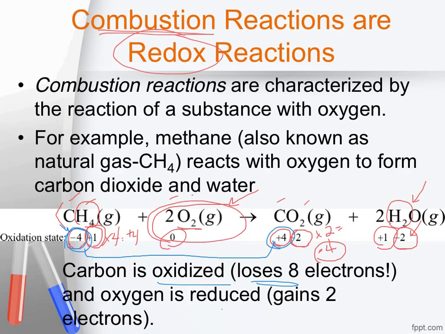So something has to have been reduced. Hydrogen has stayed the same. It's +1 on the reactant side, +1 on the product side. Let's look at oxygen. It's gone from an oxidation state of 0 to an oxidation state of -2. Okay? So oxygen has been reduced. It's gained 2 electrons, going from 0 to -2. And so we verify this is a redox reaction, and we have identified what's been oxidized and what's been reduced.